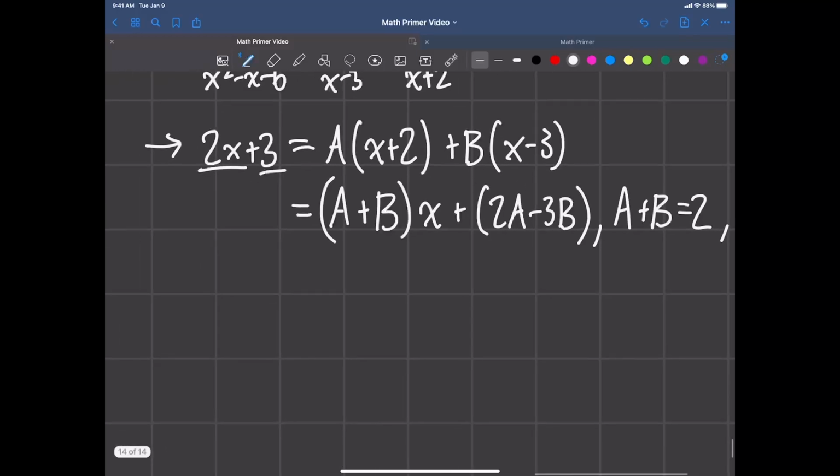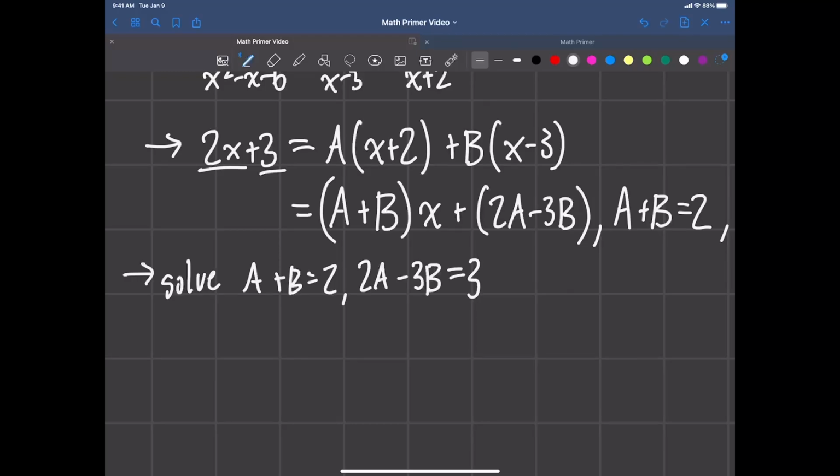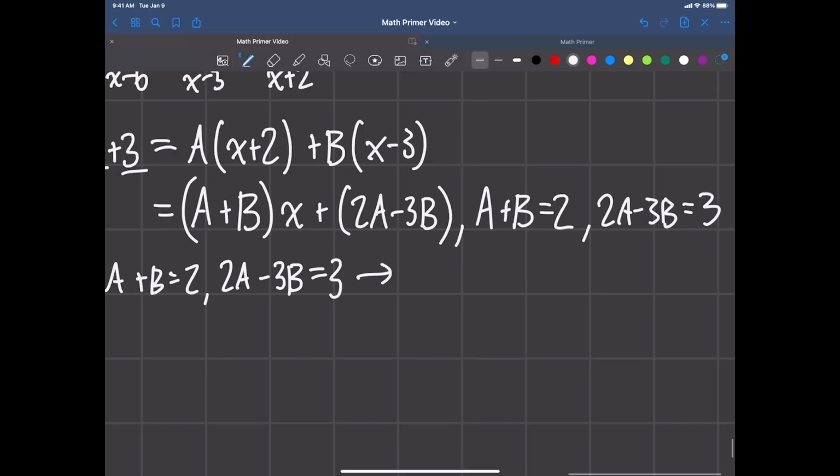Now we have to solve for a plus b equals 2 and 2a minus 3b equals 3. This is our system of equations. And if we solve it out, we get a equals 9 over 5 and b is equal to 1 over 5.